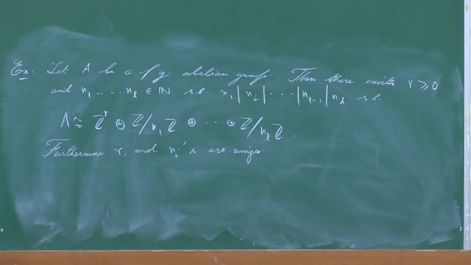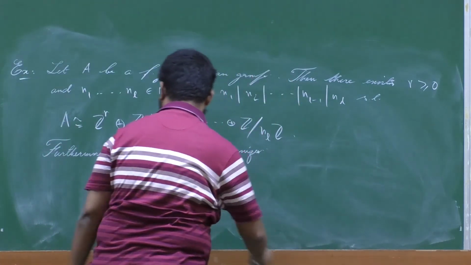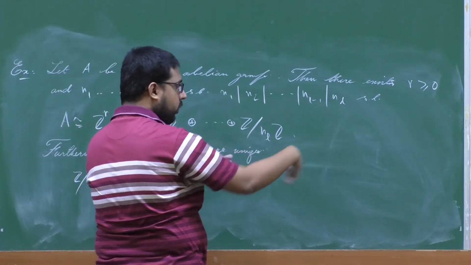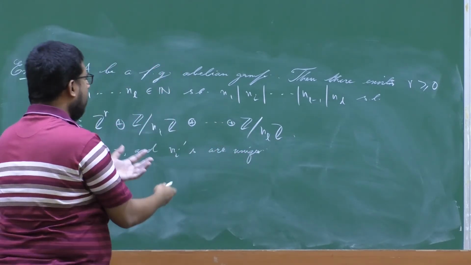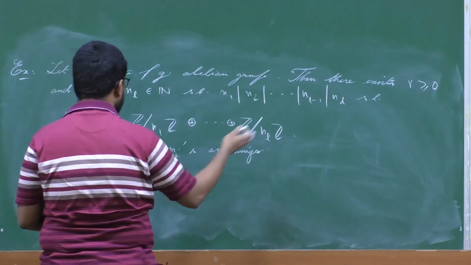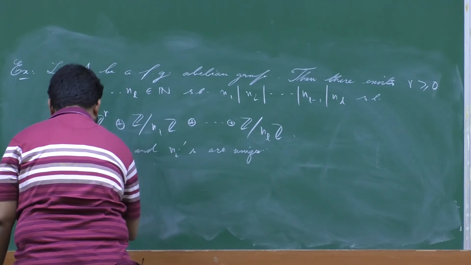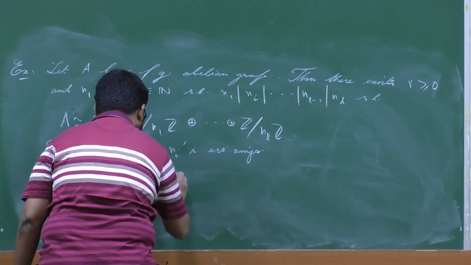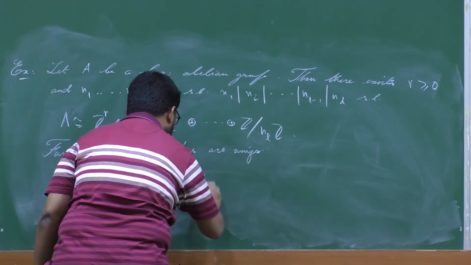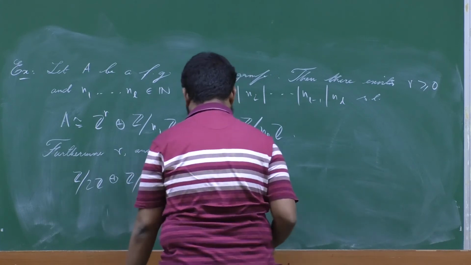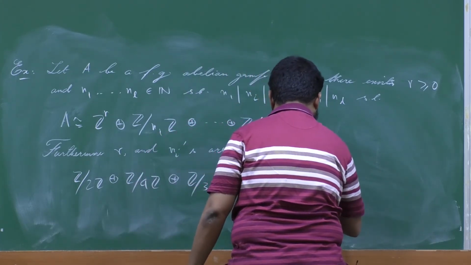So how to prove that, let me just explain by a small example. For finite abelian groups I am showing, and then you will see yourself, I am sure that you can do it for the general case. Suppose this is my situation: Z modulo 4Z, Z modulo 3Z and Z modulo 5Z.